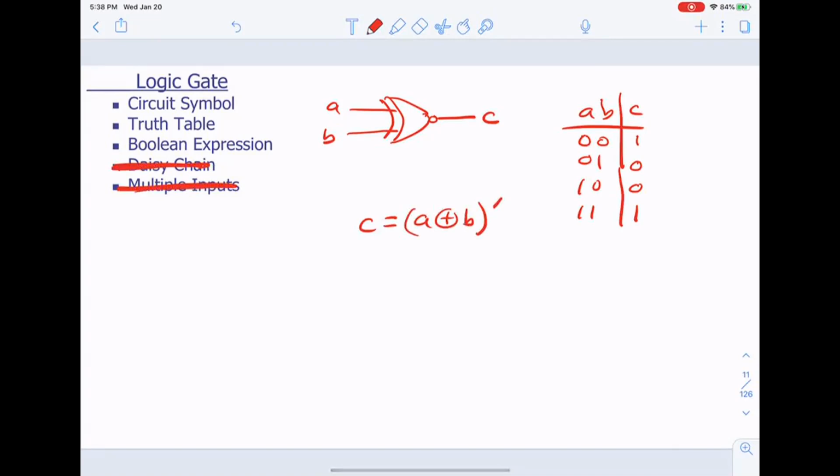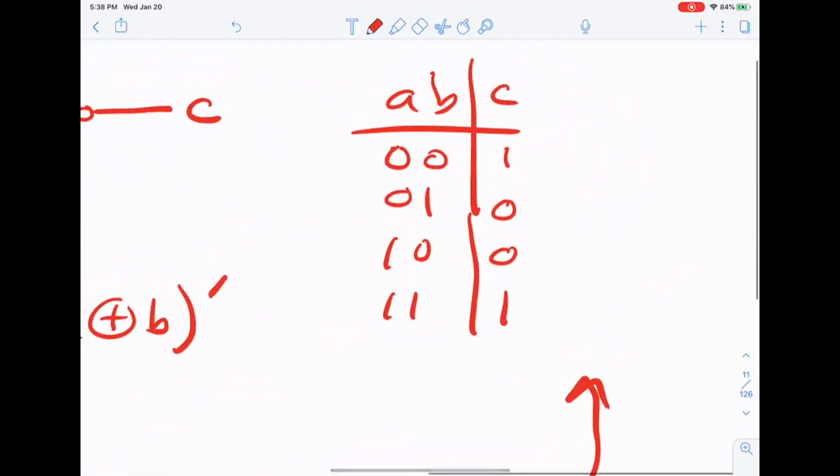Okay, and then what y'all put in the chat, you guessed it, it's XNOR. Sometimes this is called the equivalence gate. The reason it's called that is because the output is high if the inputs are equal to each other.